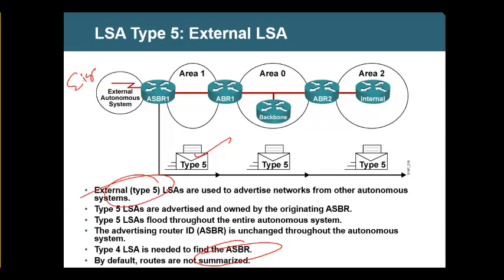But to go to type 5, you need to know Meenambakam first. If I want to go to Dubai, I need to know Meenambakam first. That Meenambakam location is given by type 4. But the Dubai location is given by type 5. Understood? Yes, sir.